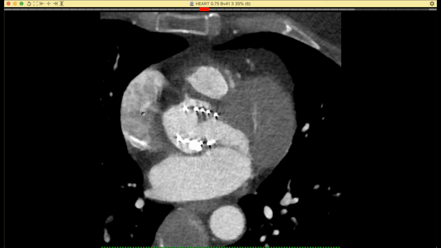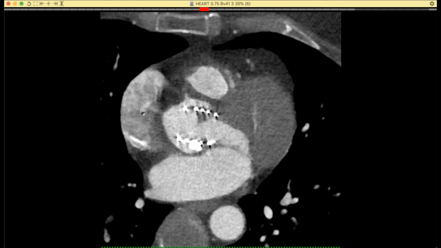Does anybody see anything there that's interesting or suspicious on that slice? It's got HALT. Yeah, correct. So you can see here hypoattenuated leaflet thickening of one of the valves of the new valve.